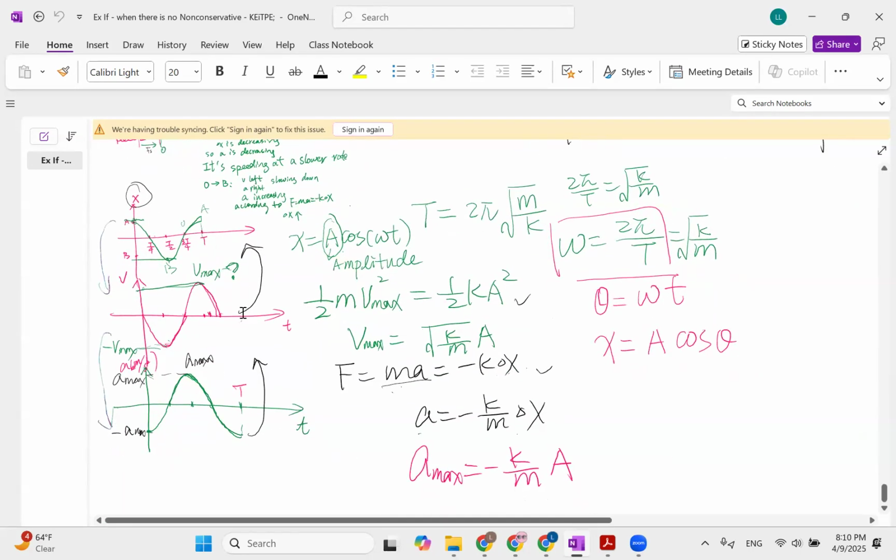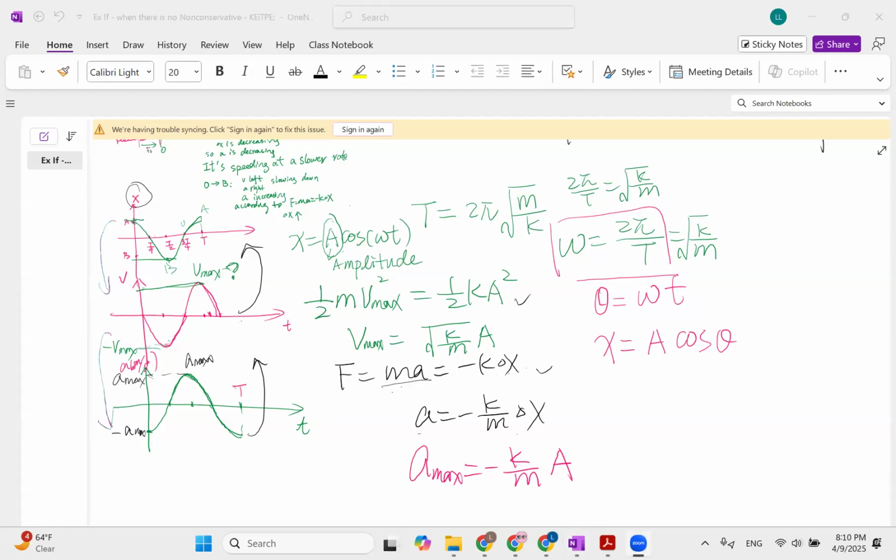And then you can set up this graph here. How to draw X versus T, V versus T, and then A versus T. You got it?